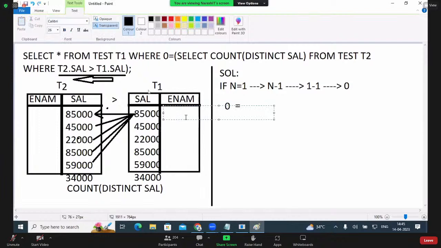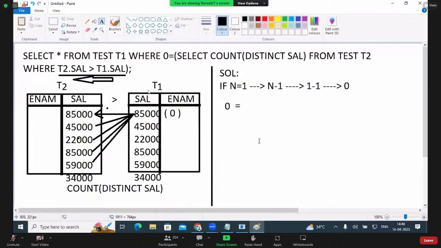Above 85,000 there is no value in my T2 alias table. So my count of distinct salary function returns 0.